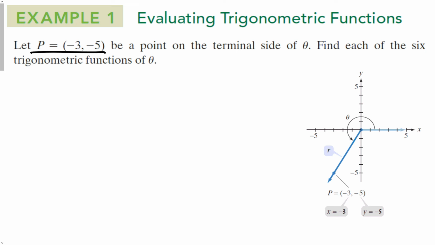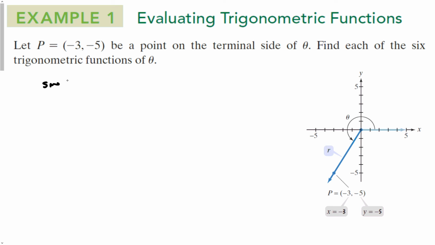And this is another reason why the triangle definition, SOHCAHTOA, doesn't really work in this case, because how do you have a triangle with a side that's -3 and -5? You could just say it's +3 and +5 and draw out the triangle like this, and then use SOHCAHTOA, but now we're changing a lot of signs and making a lot of changes there. So let's stick with the circular definition.